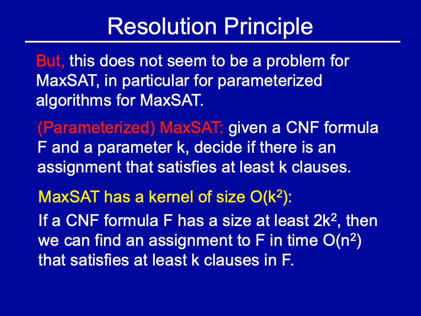There's a result that shows that if the number of clauses is larger than k squared, you can always directly give an answer. So for the parameterized MaxSat problem, we only have to worry about instances whose size is bounded by 2k squared.